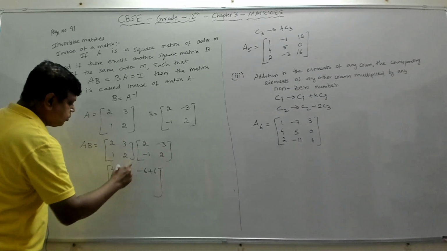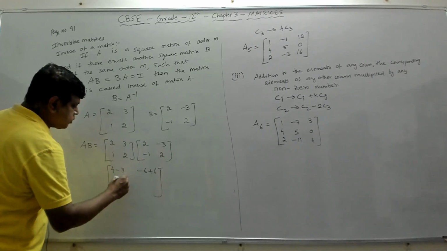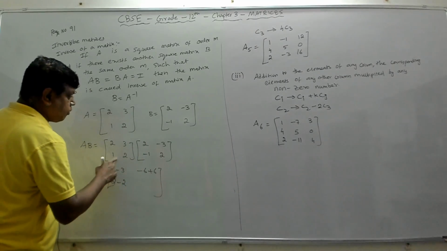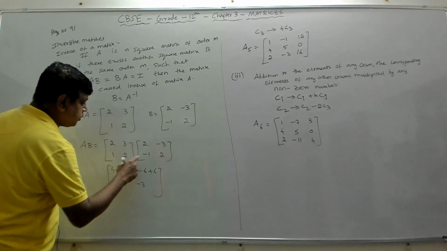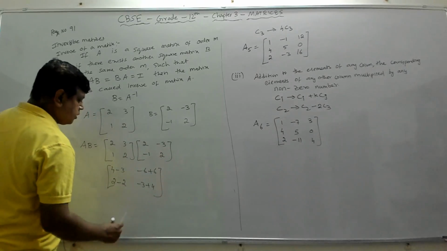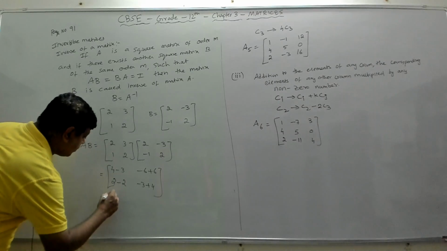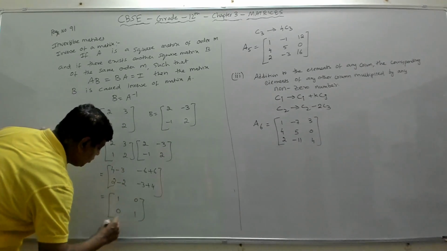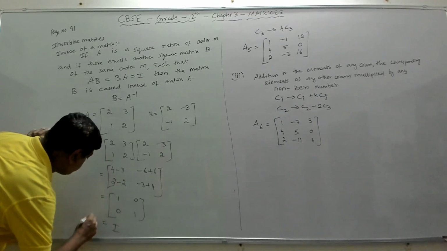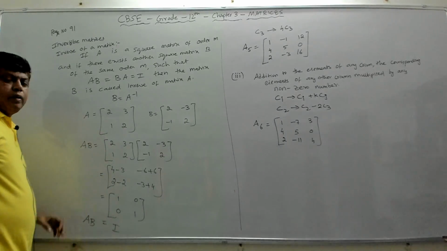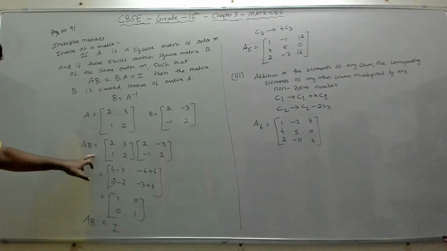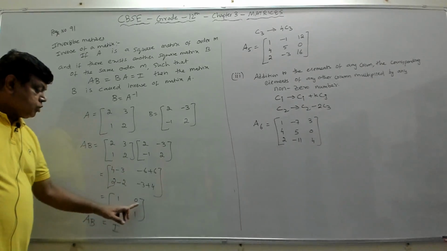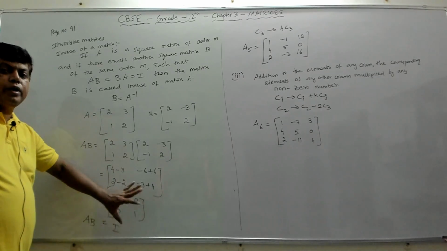Then 1 into 2 is 2, 2 into minus 1 is minus 2, then 1 into minus 3 is minus 3, 2 into 2 is plus 4. If you simplify, 4 minus 3 is 1, then 0, 0, 1, which is equal to the I matrix. So we got AB equal to I. When I multiply A and B, I got the unit matrix [1, 0; 0, 1]. This is called the unit matrix or identity matrix.